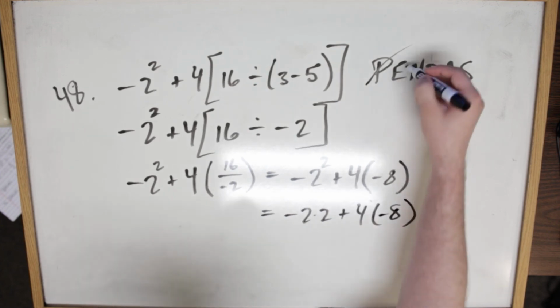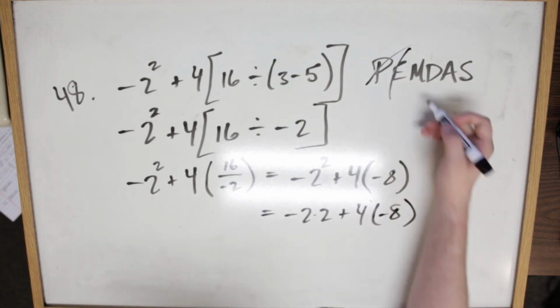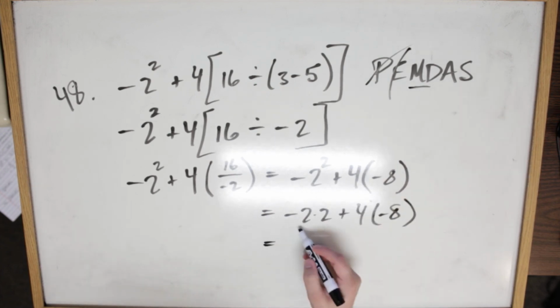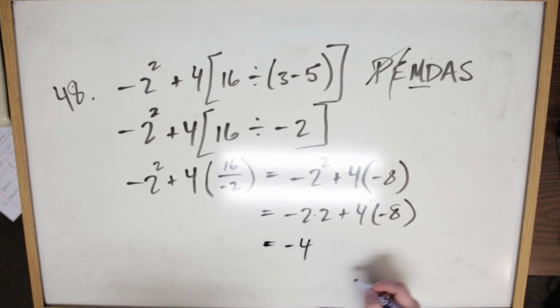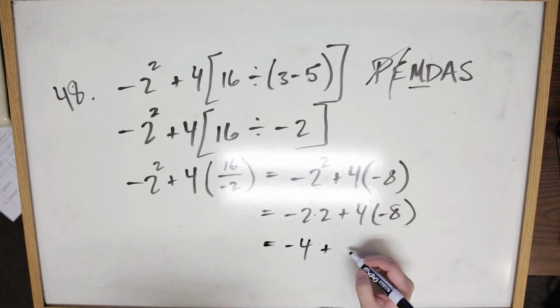Okay, so I did the exponent. That's all done. And then now I do the multiplication and division. I'm on that step. So this is going to be minus 2 times 2 is a minus 4. I've got the 4 right here and the minus 8. So again, I'm going from left to right now. This is going to be a minus 32.